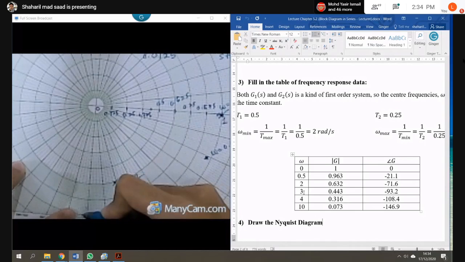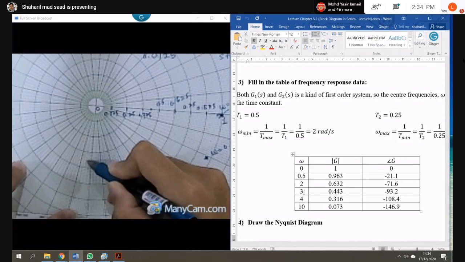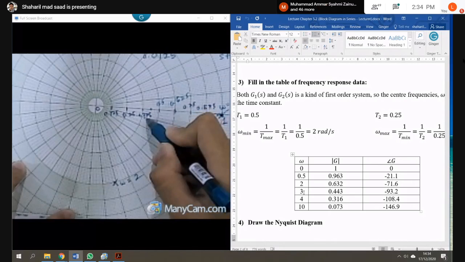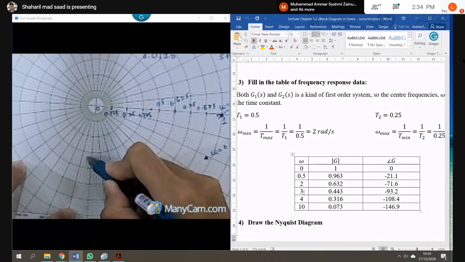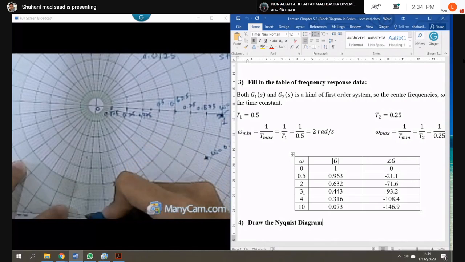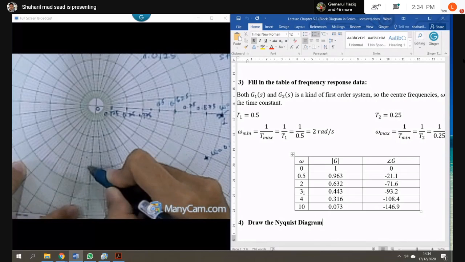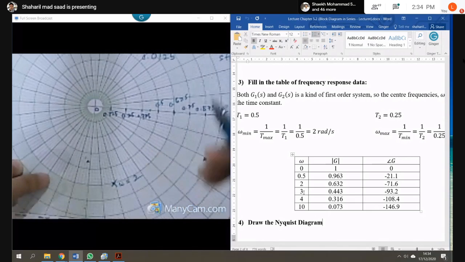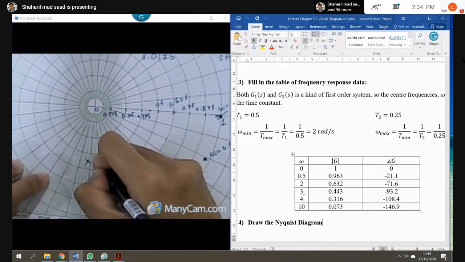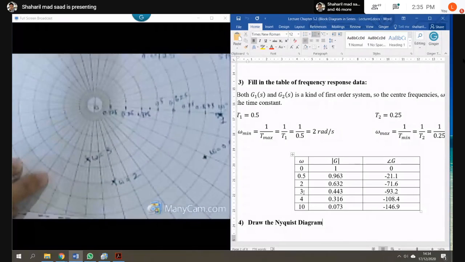So 1, 2, 3 here. Okay, and then this one. 1, 2, 3 here, down. Done here. Omega equal to 3.